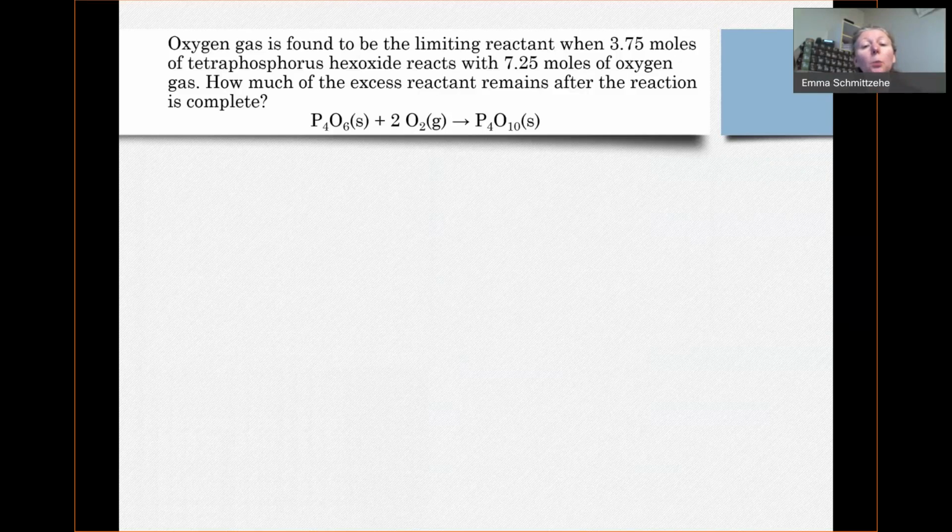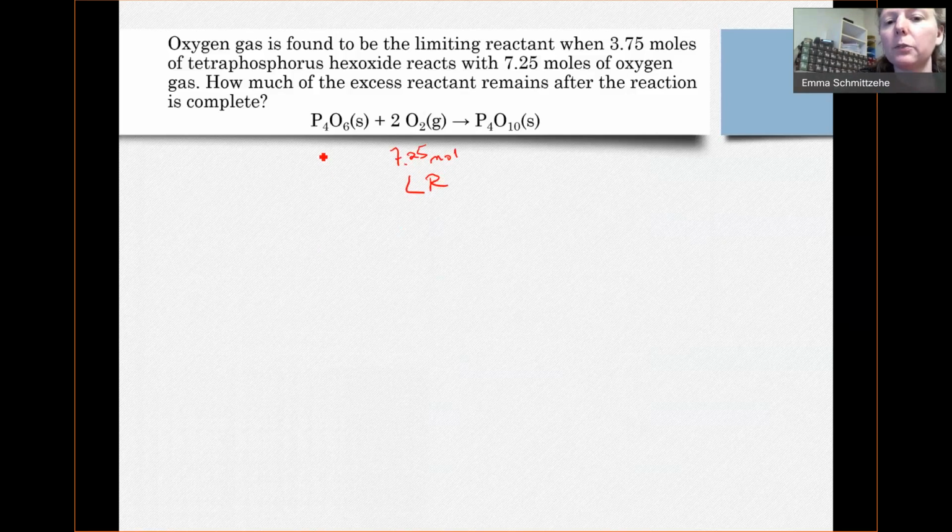We want to know how much of the excess reactant remains after the reaction is complete. So remember, at the beginning of the question, it says oxygen gas is the limiting reactant. And so we're told that there are 7.25 moles of oxygen gas, right? And that is the limiting reactant, so I'll just write LR, okay, to indicate limiting reactant.